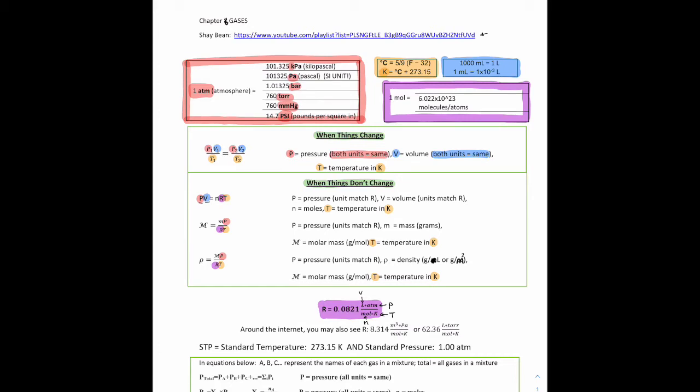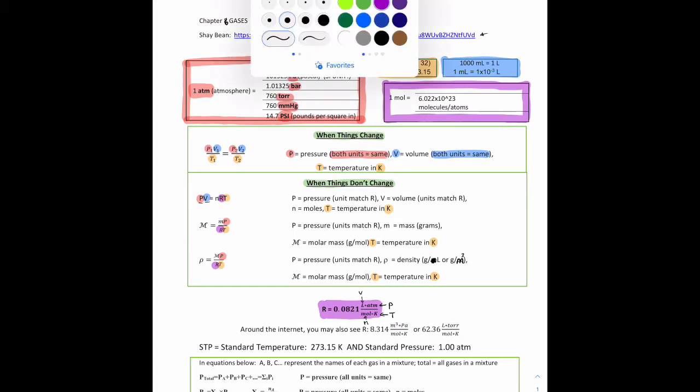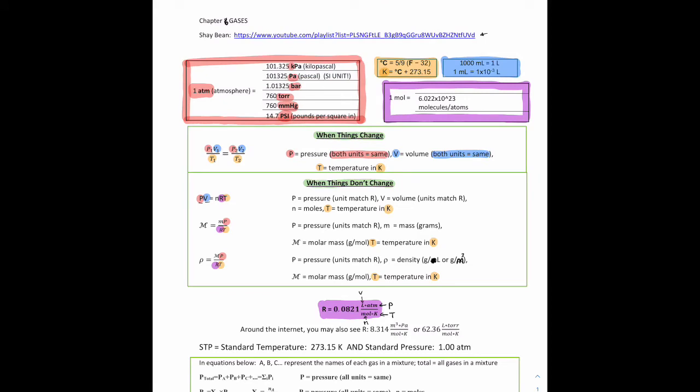We're going to look back at the pressure we were talking about a minute ago. Before, they just had to be the same, but in this case, it's really particular. Your volume unit needs to match R. If you look at the purple R, our volume needs to be in liters.